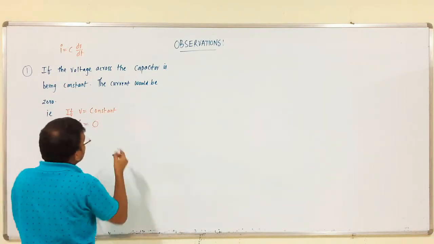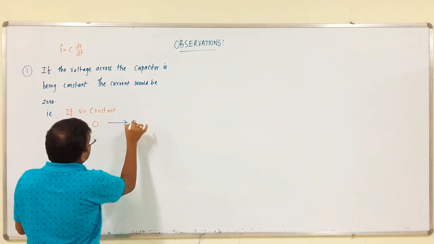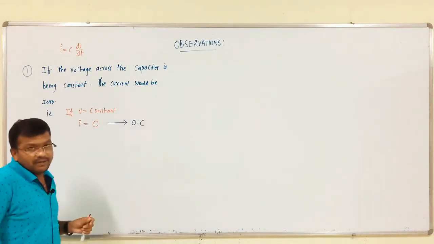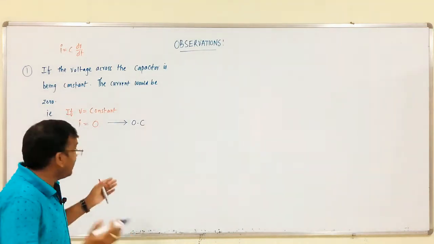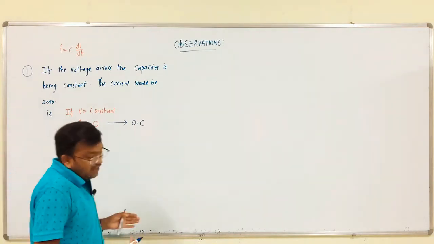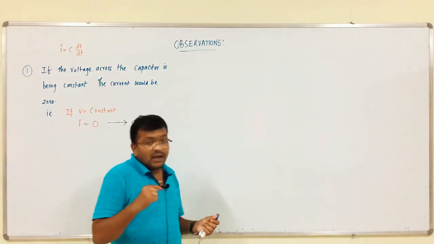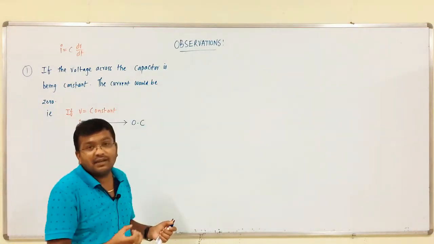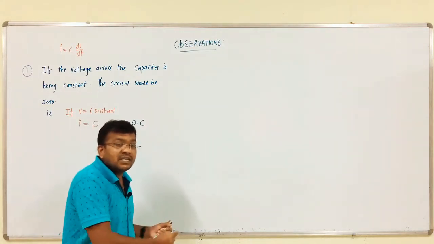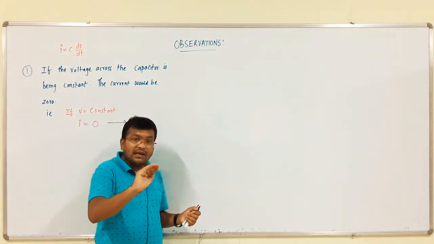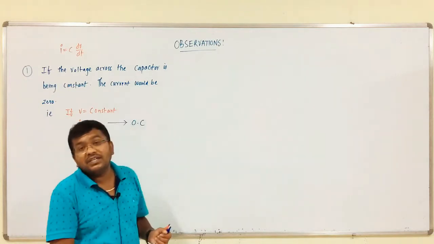If current is equal to 0, it acts as open circuited, right? That is, at the instant of switching with DC excitation, initially it doesn't have any charge.